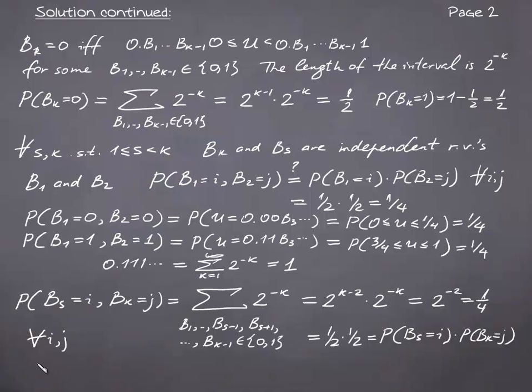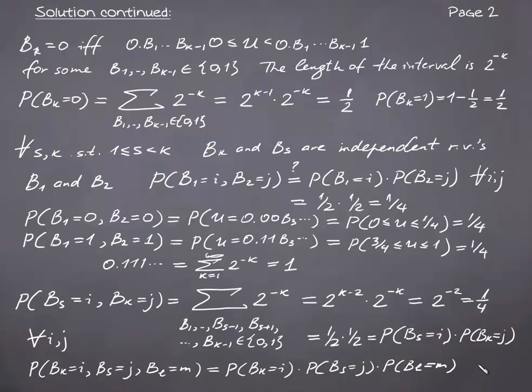For example, we can prove that the probability that bk is i, bs is j, bl is m equals, again, the product of 3 probabilities. And so on. That will prove that all these binary digits are mutually independent.